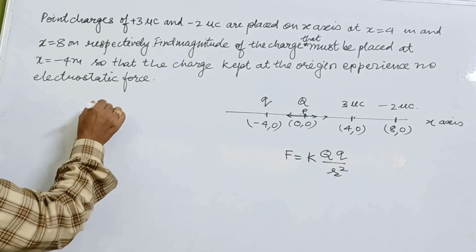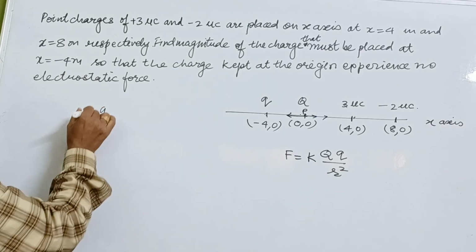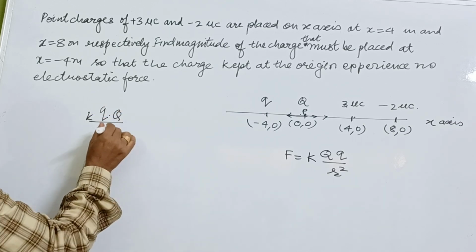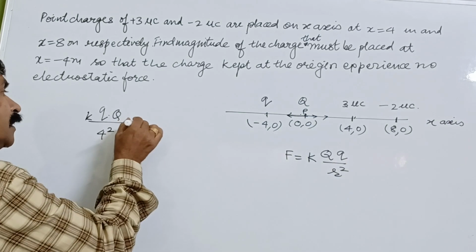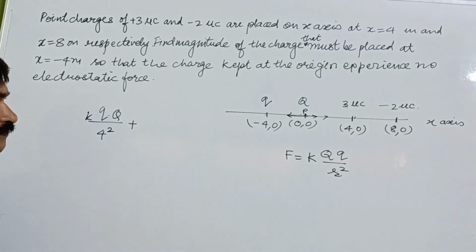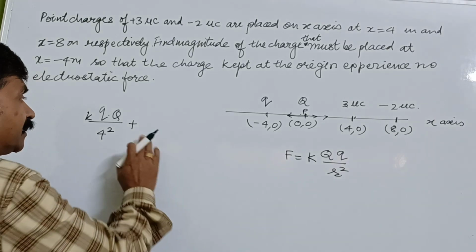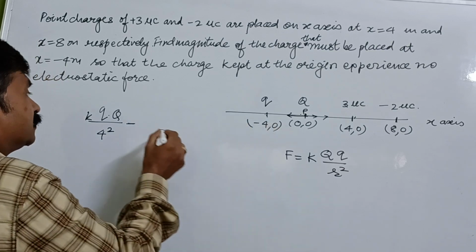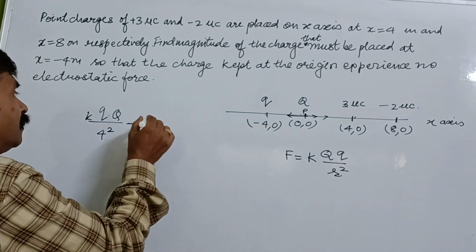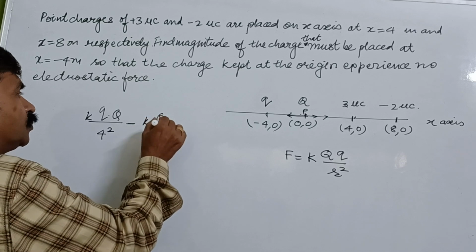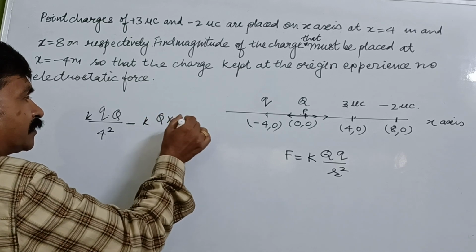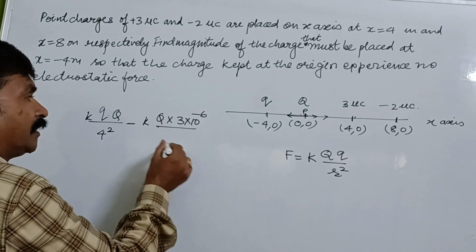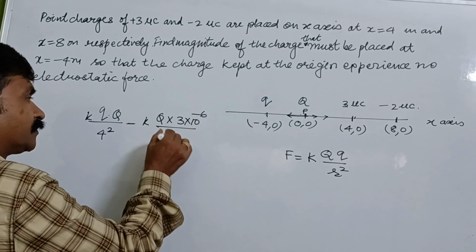If we take this Q, K times Q into Q upon this distance, which we can take as 4 square, another force which is acting, we can take it as minus because it is acting in this direction. It is K times Q into 3 microcoulomb divided by R square, that is 4 square.